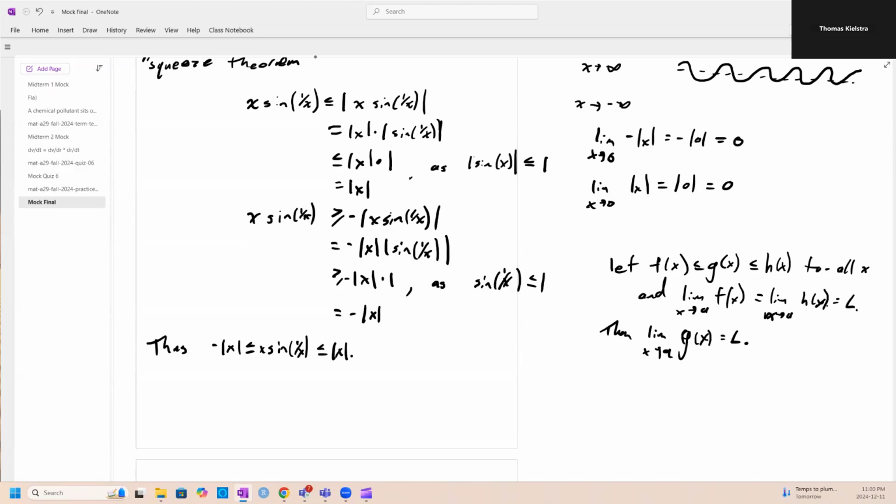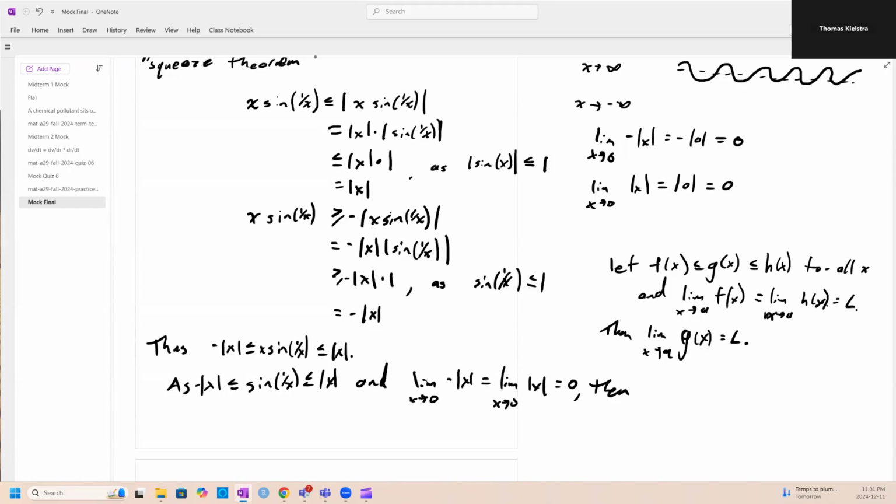So in order to use squeeze theorem, we need to show the first condition and the second condition are met. So as minus absolute x is less than or equal to x sine 1 over x, which is less than or equal to the absolute value of x, and the limit as x approaches 0 of minus absolute x equals the limit as x approaches 0 of absolute x equals 0, then the first two conditions are met.